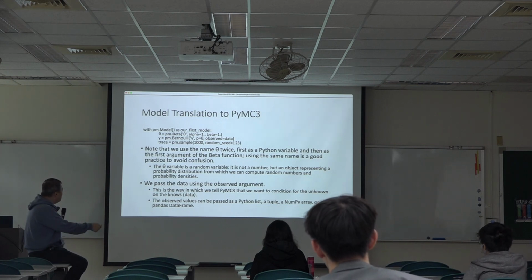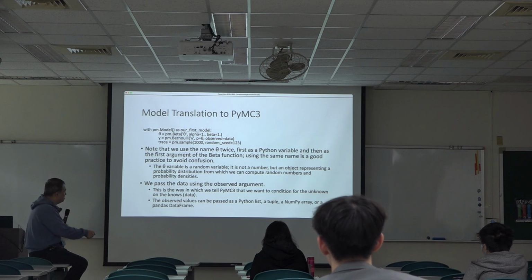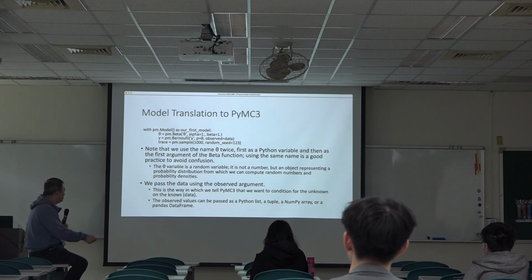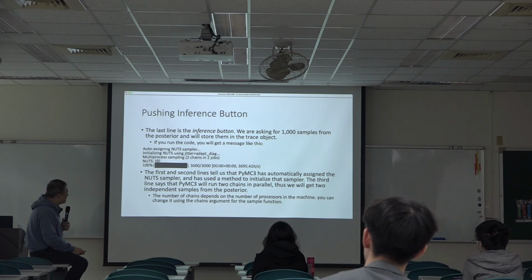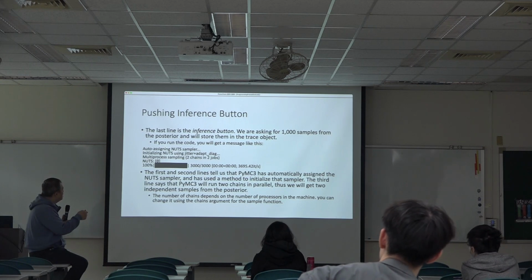I think I will not go into every single line. I already told you about this program. If you want the explanation in more detail, you can check out the slides. The last line is the inference button.